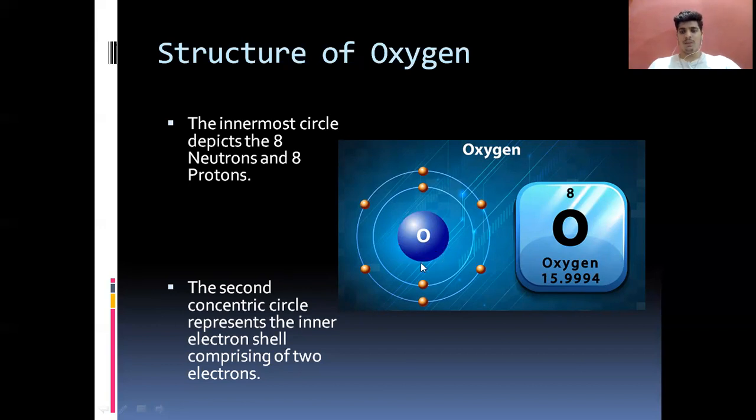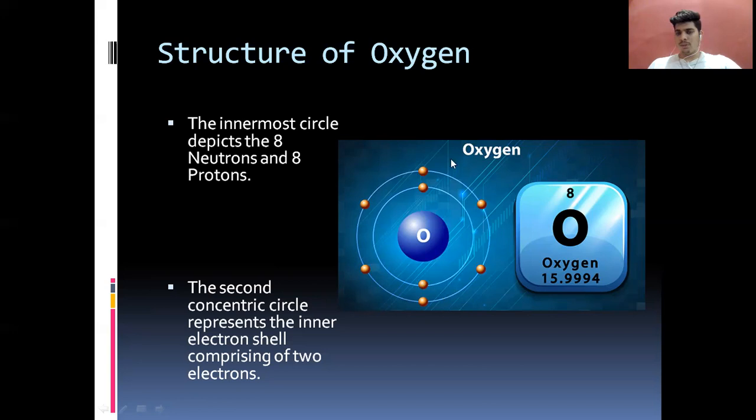The second concentric circle represents the innermost electron shell comprising 2 electrons.